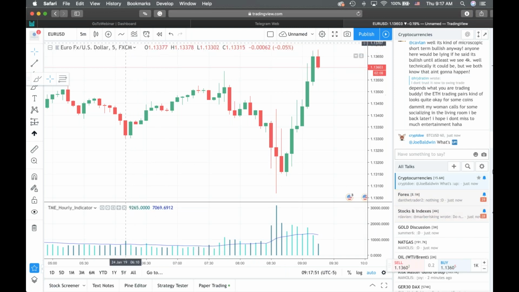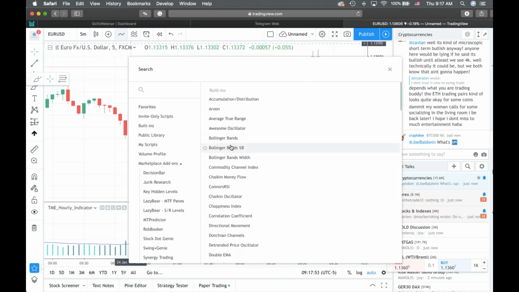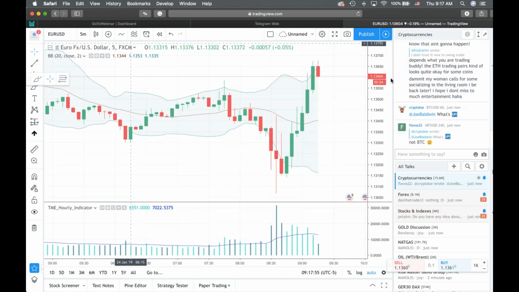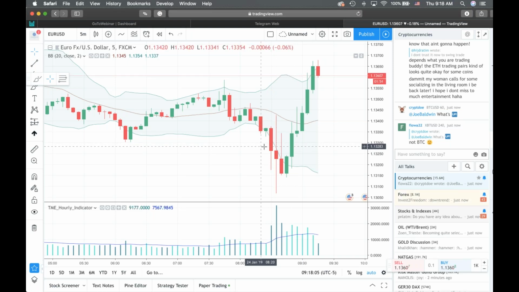And that's what I'm going to do right now. I'm going to add the simple Bollinger Band indicator on TradingView, and look over how we will start with a buy signal, or buy or call, or whatever you want to call it.